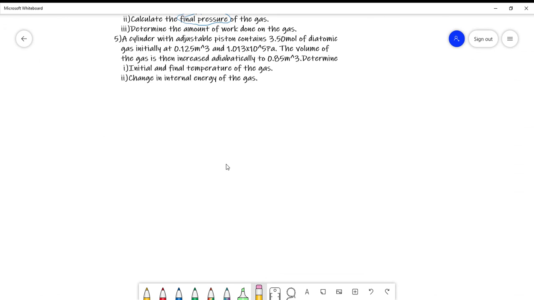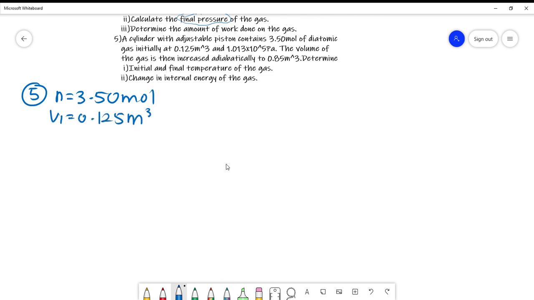So this is number 5. A cylinder with adjustable piston contains 3.5 mole of diatomic gas initially at 0.125 meter cube and P1, which is 1.013 times 10 to the power of 5 Pascal.